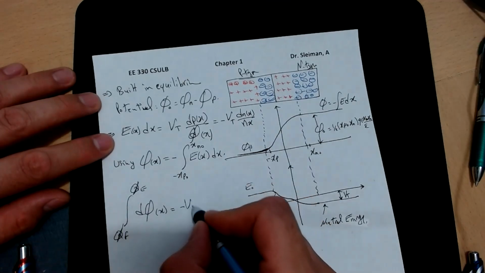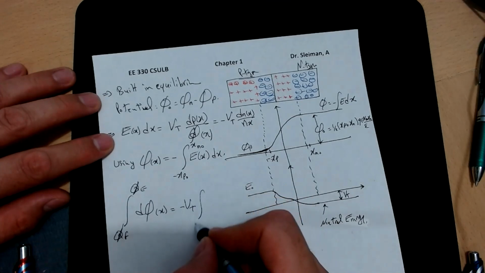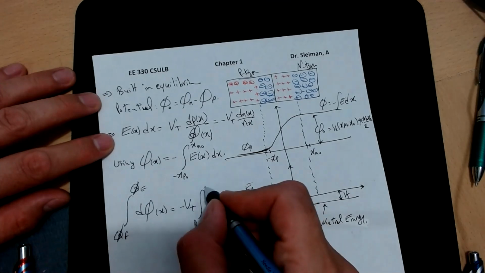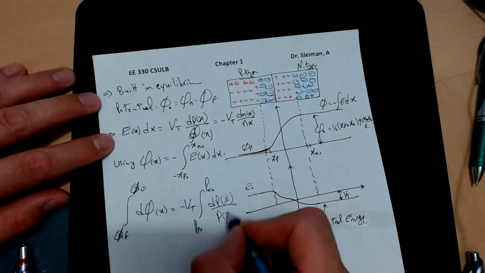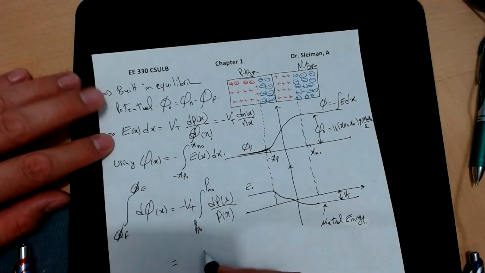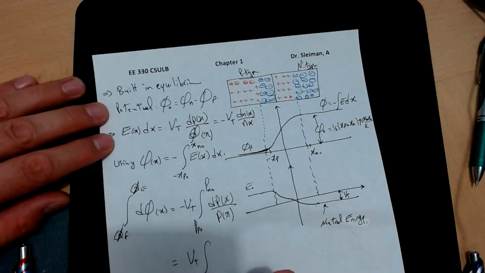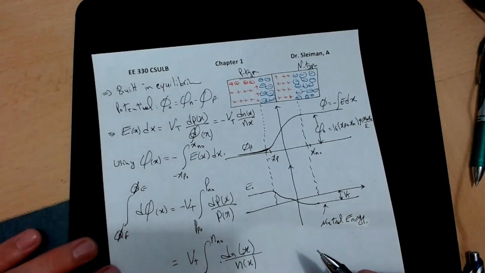Is equal to negative Vt integral from pp0 to pn0 of dp(x) divided by p(x), is equal to Vt integral from np0 to nn0 of dn(x) over n(x), on the n-type.